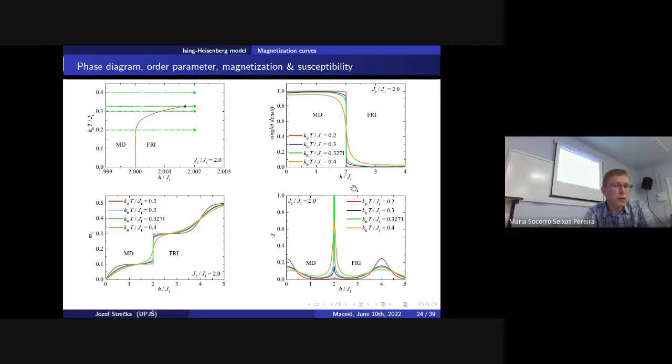And the question would be, what is the order parameter for this phase transition? The order parameter is shown in this upper right panel, and it is the density of singlets. So in one state we have singlets, in the other state we have polarized triplets, and you really see that all dimers are at low enough temperature in singlets, and then it almost jumps to zero.